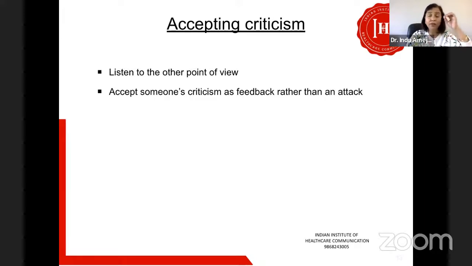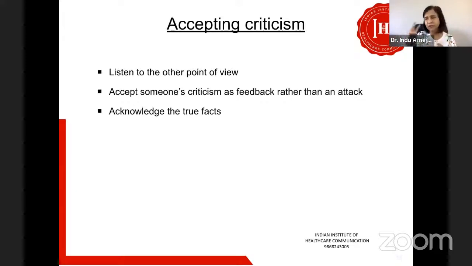It could be a misunderstanding. It could be a communication gap. But even that gap needs to be fulfilled from our point of view. So we have to take that criticism as feedback and see how we can make it better next time.